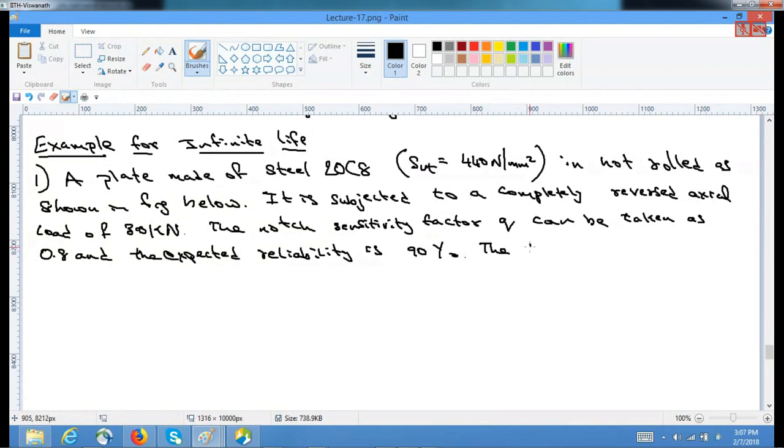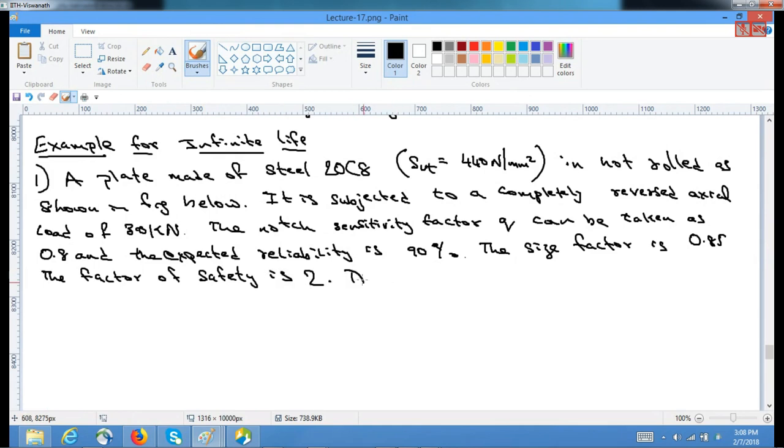The size factor is 0.85. The factor of safety is 2, and we need to determine the plate thickness for infinite life.